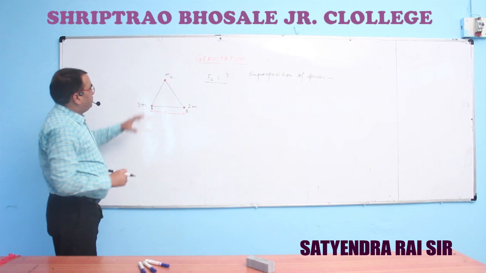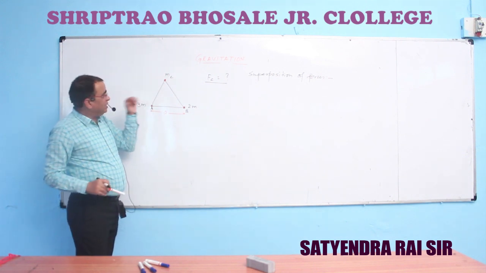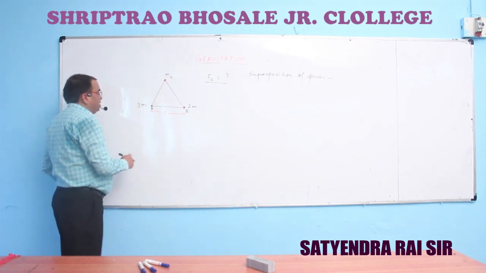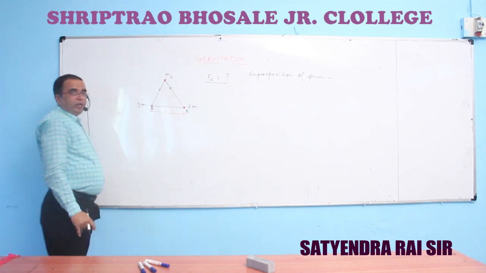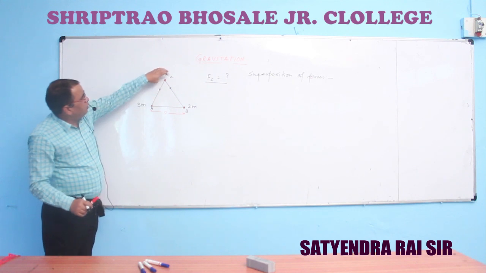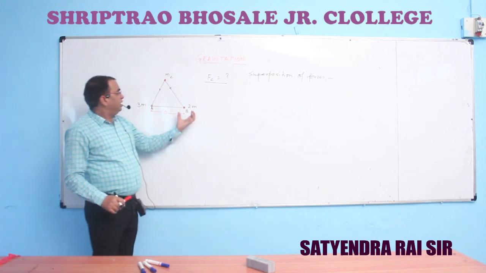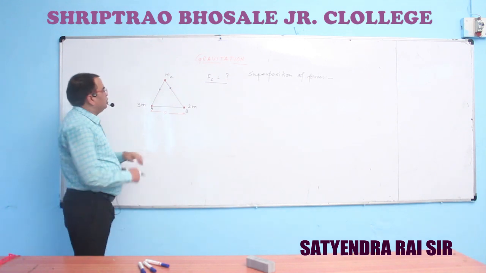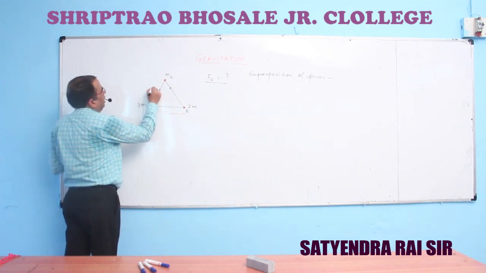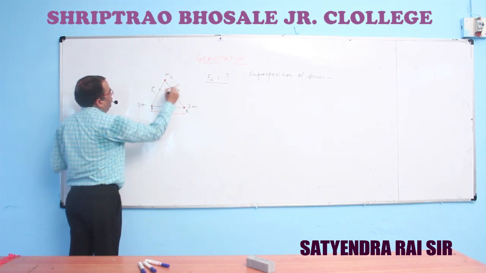Because the particle at C is acted upon by 2 different forces. The particle at A is pulling the particle at C, whereas another particle kept at B is also pulling the particle at C. So these 2 are the forces F1 and F2.